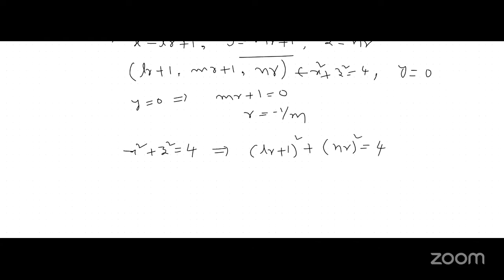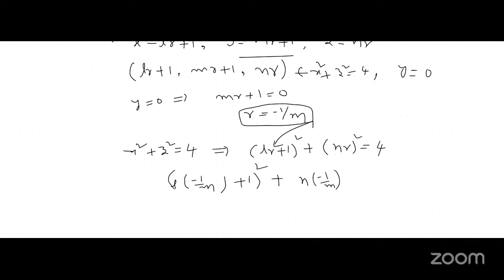Now substitute R equal to minus 1 by M here. So we get minus L by M plus 1 whole square plus N into minus 1 by M whole square equal to 4. Now you can simplify.